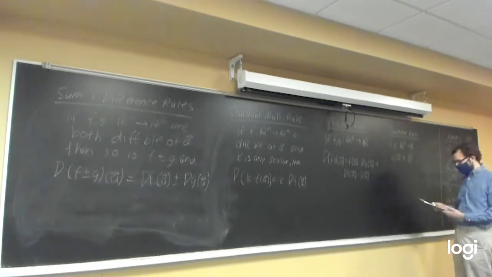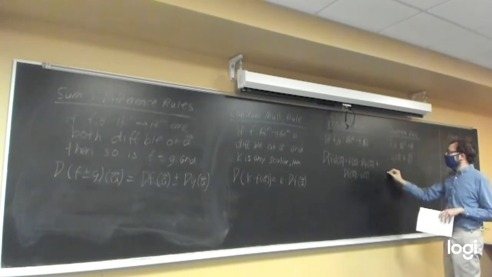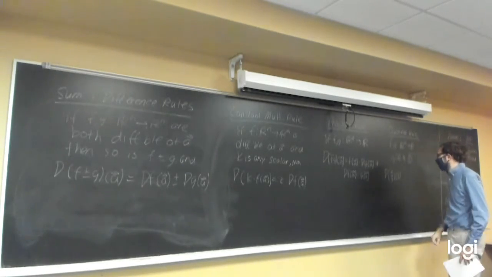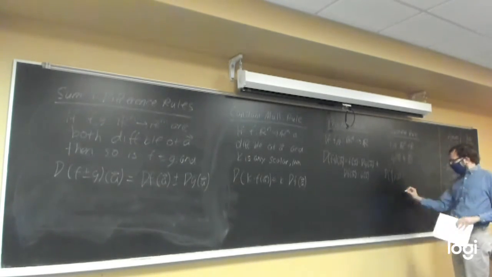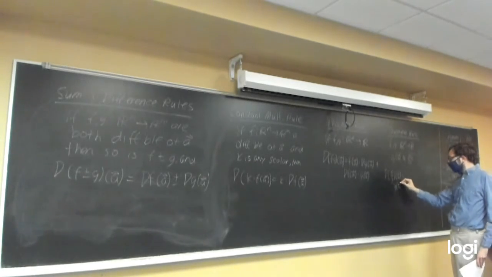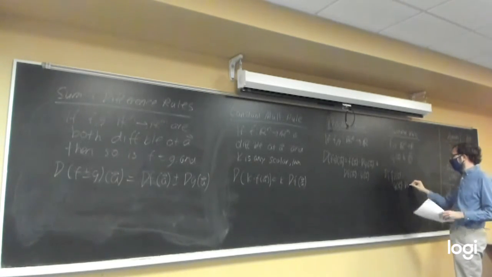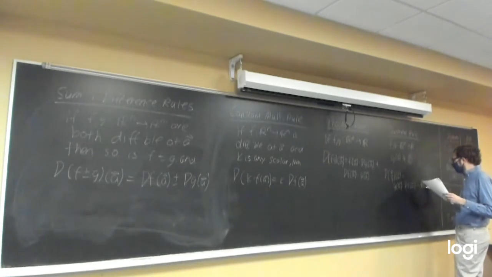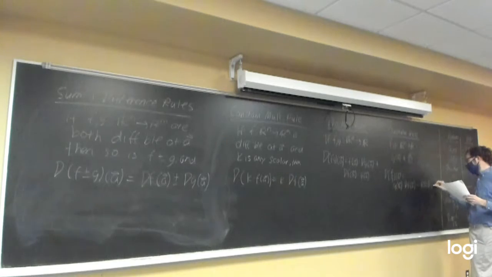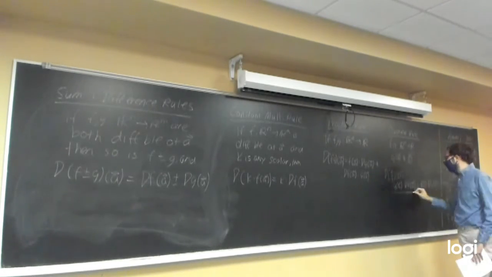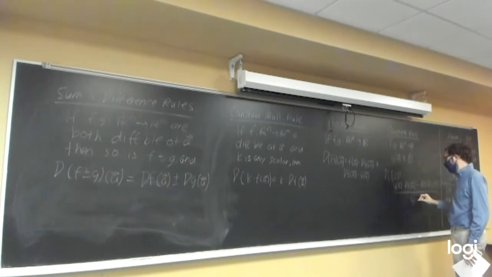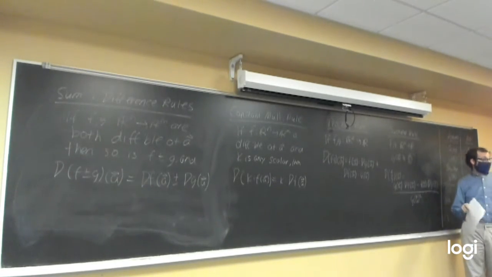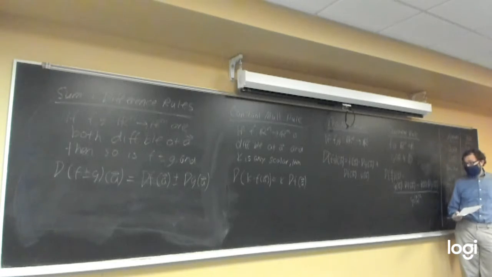If g of A is not equal to 0, then the derivative of f divided by g, evaluated at A, is going to be g of A times the derivative of f at A minus f of A times the derivative of g at A, all divided by g of A quantity squared. Same basic formula as the Calc 1 quotient rule.